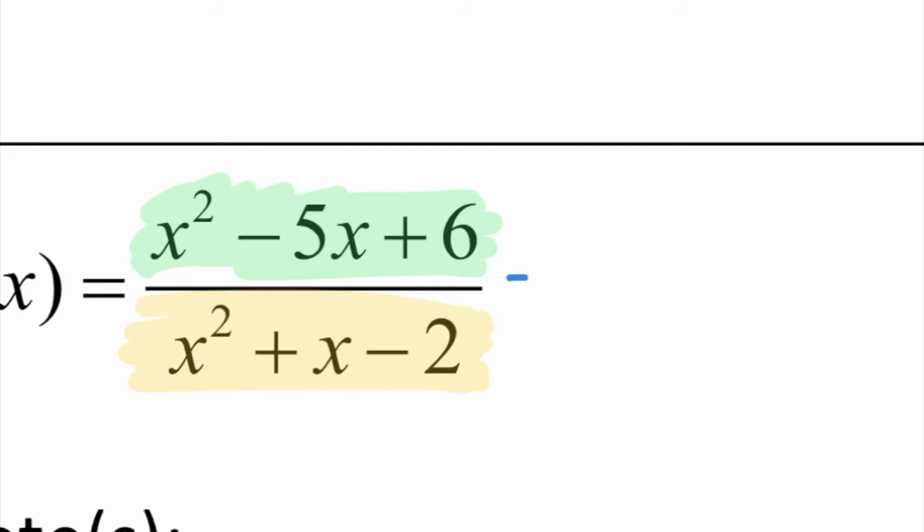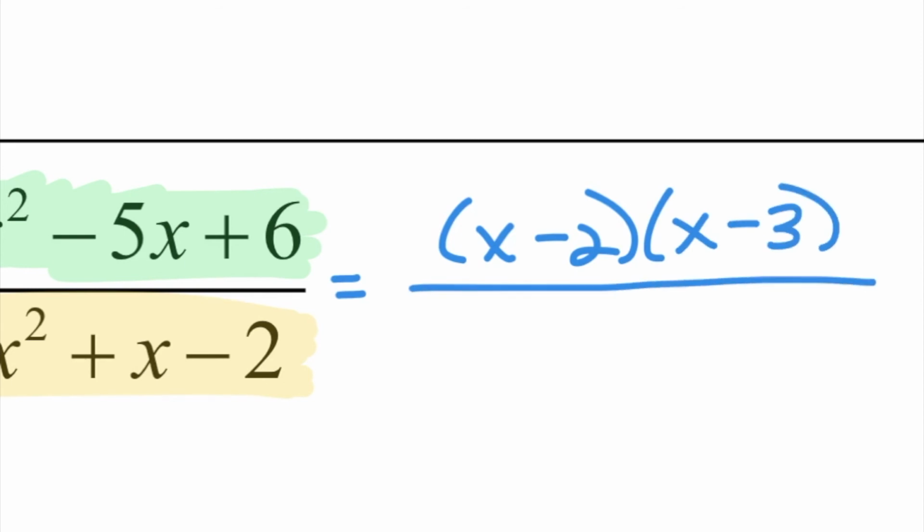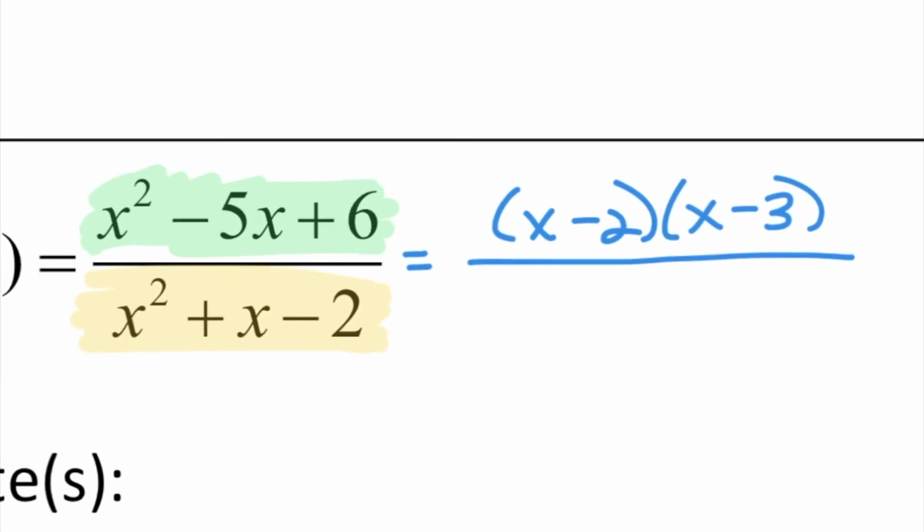And so you should have gotten x minus 2 times x minus 3. Remember that the factoring when it ends in 6 and has a 5 or a 1 in it is going to be tricky. The denominator, you should have gotten x minus 1 and x plus 2. Nothing cancels, so there are no holes.